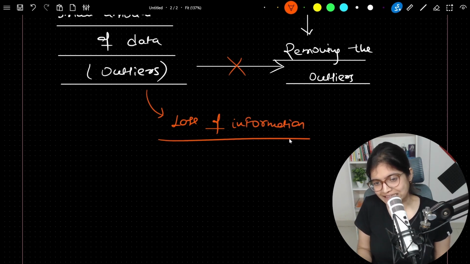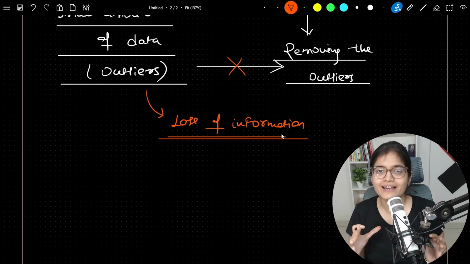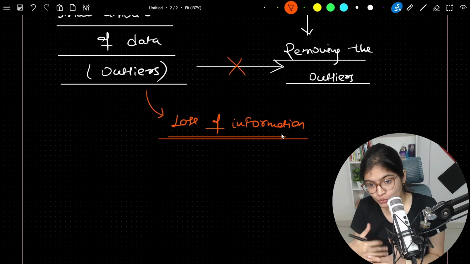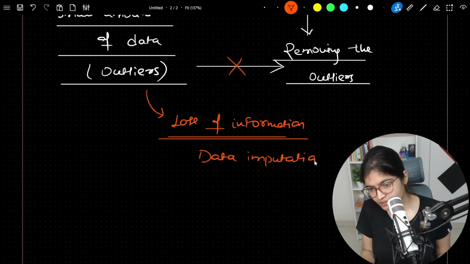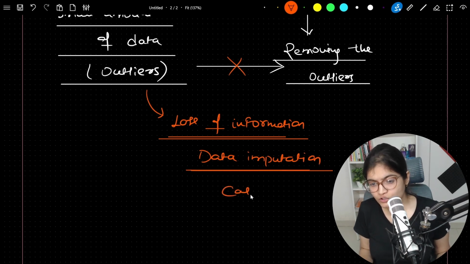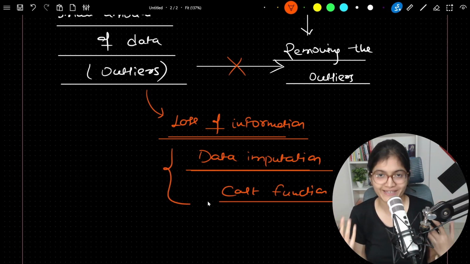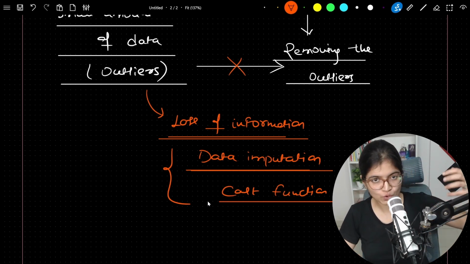That is why it is never a good idea in these kinds of scenarios to remove the outliers. Maybe you can do data imputation, that will be a good idea. Maybe you can work around with a cost function, that would be a good idea. So there are multiple ways via which we can handle it, but removal is not quite apt.